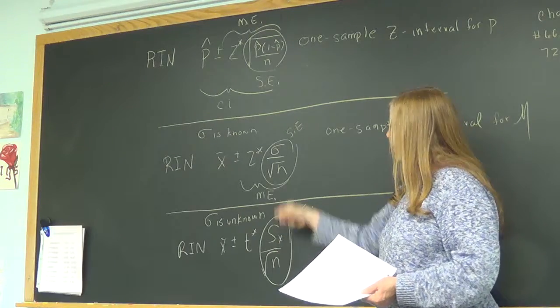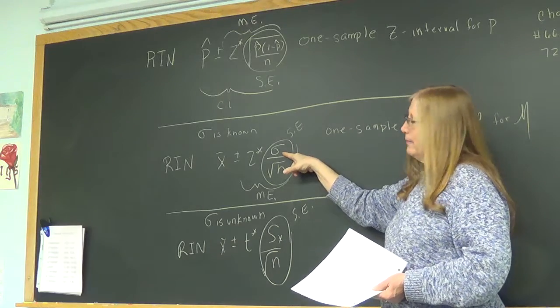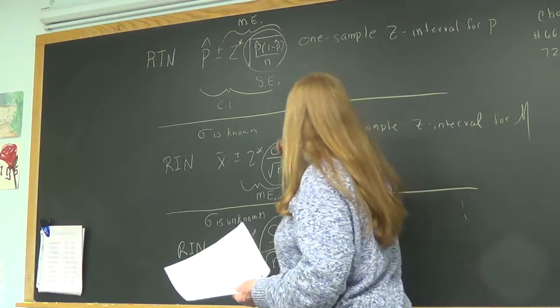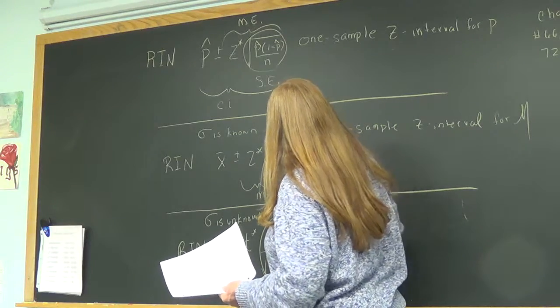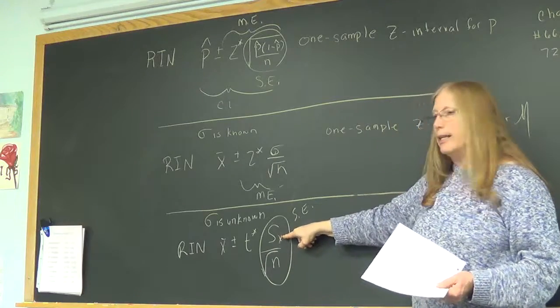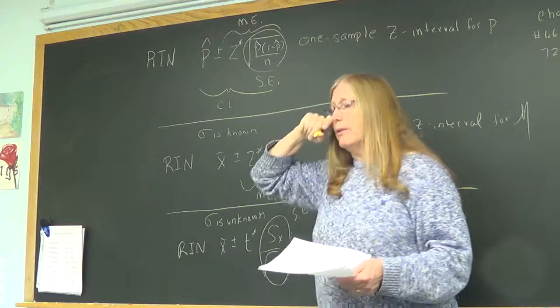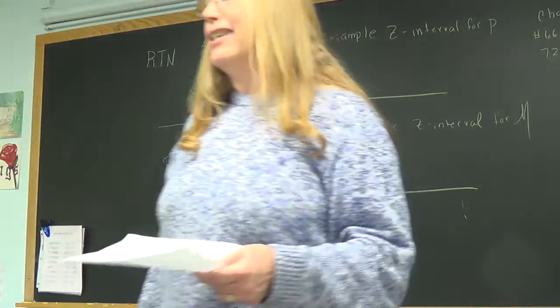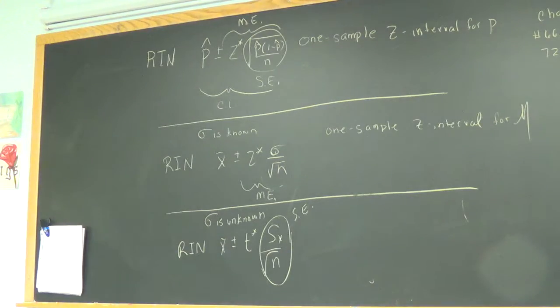So this comes from the sample, this comes from the sample, or did this come from the sample? No, this is not a standard error in this case. So I'm sorry, I misled you. All right, this is a standard error because information in it came from the sample, and this one, p hat, came from the sample. So that is standard error.